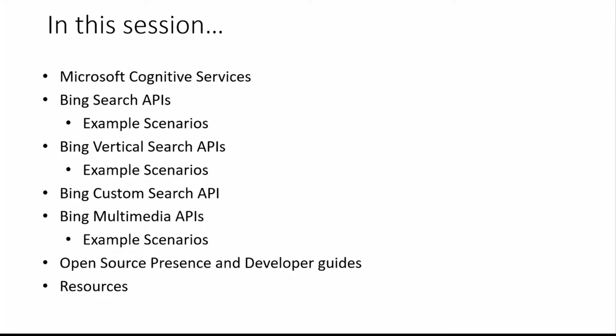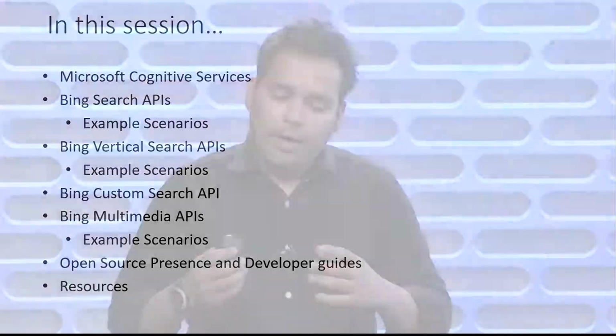Then I'm going to invite Saurabh to talk about the vertical search API capabilities we have, and Saurabh is also going to do a demo of Bing Custom Search, which enables you to have a customizable search capability for your application experience. And then I'm going to invite Ronak to talk about the multimedia capabilities we have in Bing, and we will end this presentation with developer documentation and other information for you to consume.